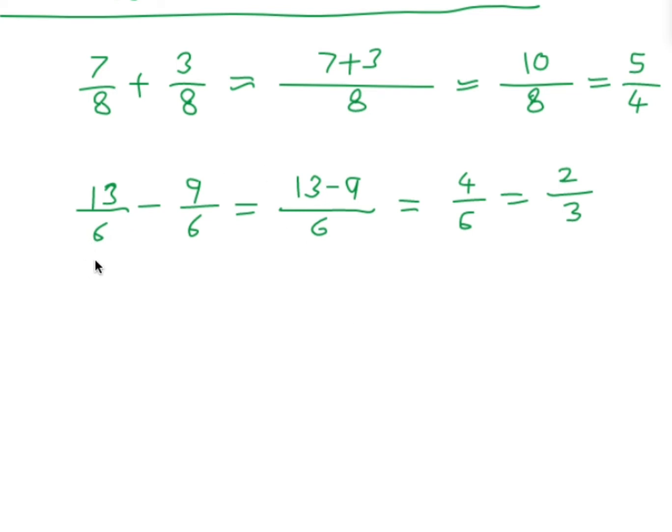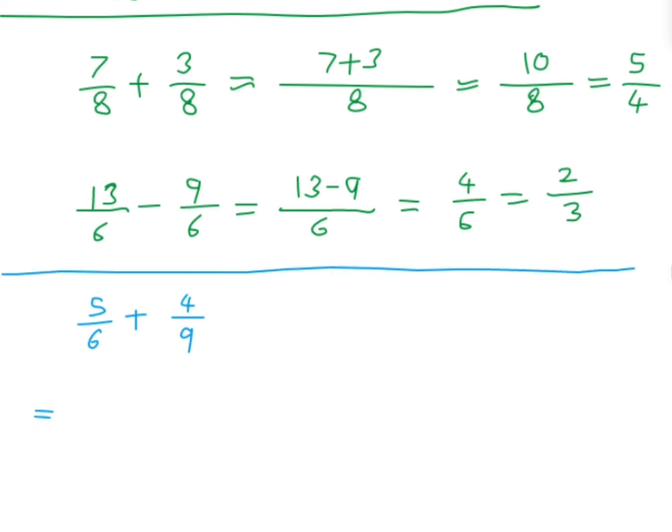Now here we chose two questions. One is addition and subtraction when the denominators are the same. Now I am taking when the denominators are different. So 5 upon 6 plus 4 upon 9. What should we do?